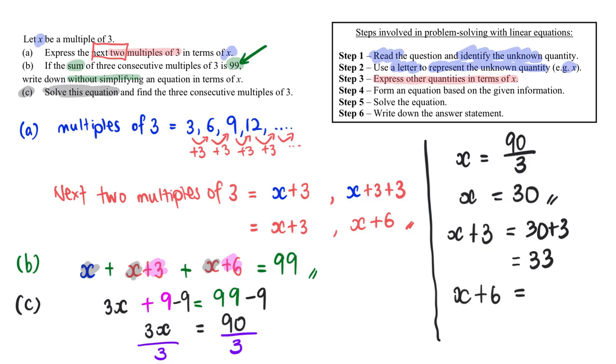And the next one would then be 30 plus 6, 36. With that, we have successfully formed an equation in part B. Solve the equation. And last but not least, we will write down the answer statement.